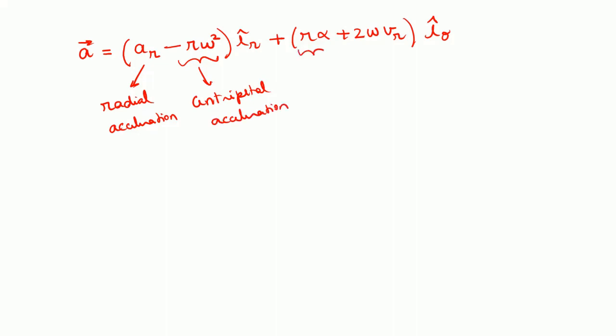This one, R alpha, is called the angular acceleration. And this one, 2 omega Vr, is called the Coriolis acceleration.